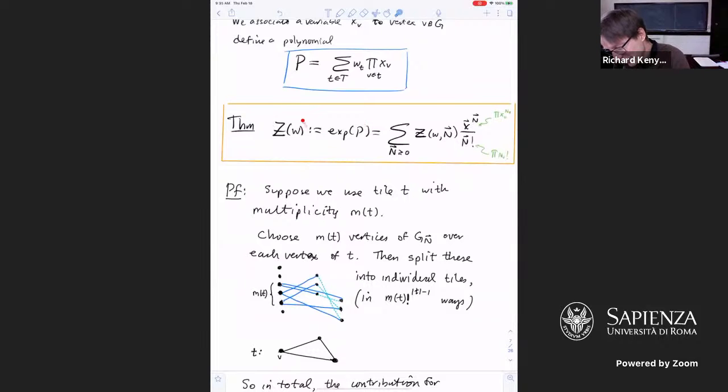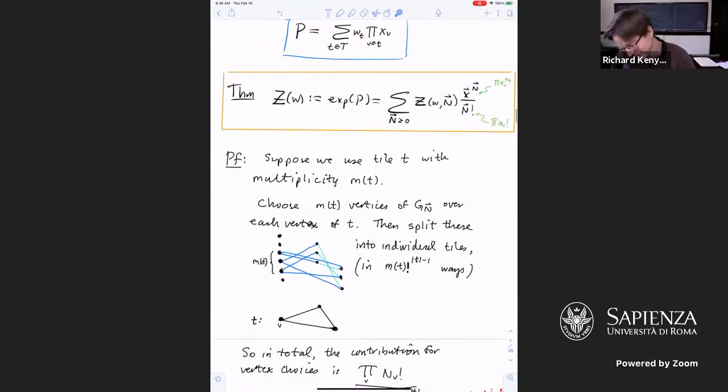The grand canonical partition function is the exponent of p, but the coefficient of p to the k in this power series is the set of tiles where you use exactly k tiles.